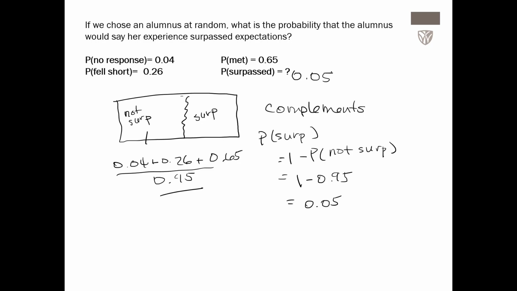Well, we know because the students are only allowed to select one of these outcomes at a time. So they're not allowed, for example, to select fell short and met. So the probability that they could select fell short and met expectations is just 0. There's no overlap between these responses. So in this particular situation, all of the responses that we have here are mutually exclusive responses.